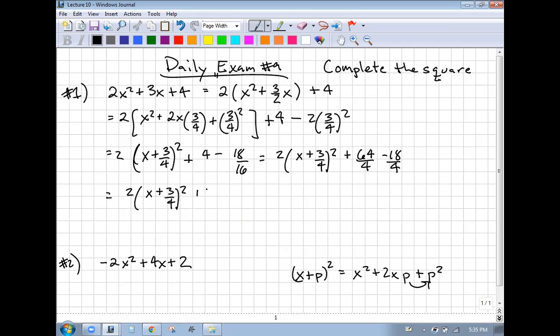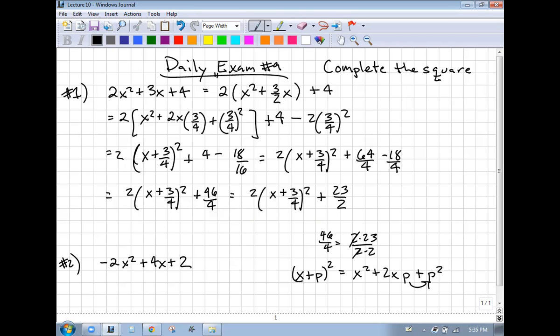So plus 46 fourths. And we can simplify that fraction. 46 is 2 times 23, so this is plus 23 halves.